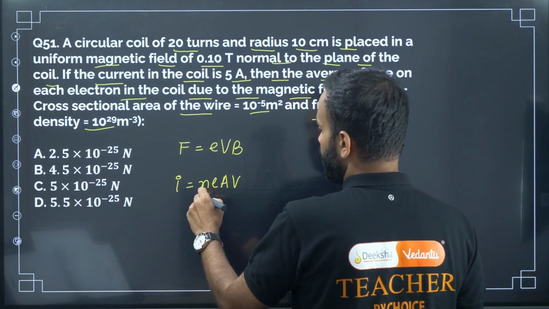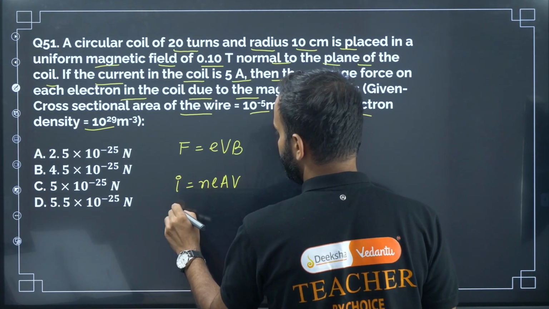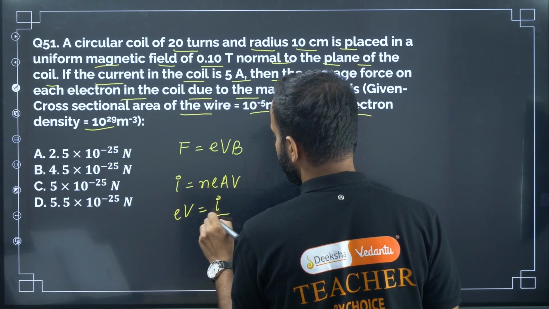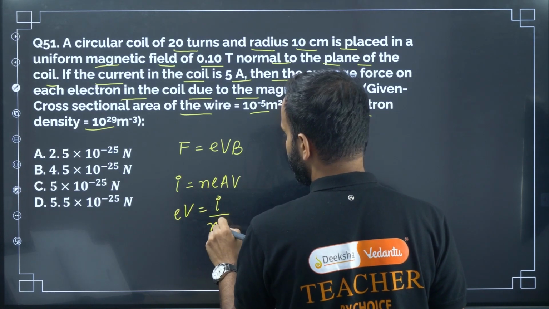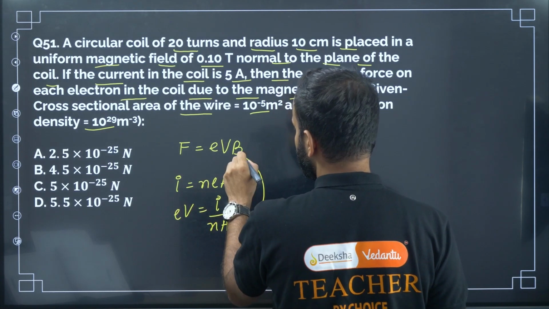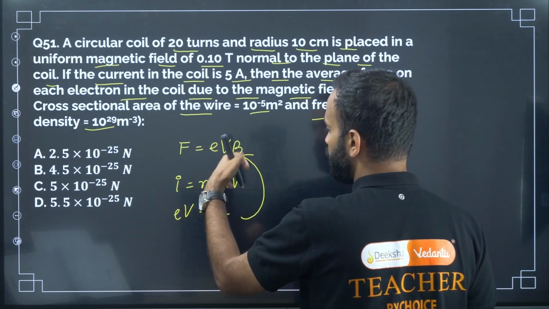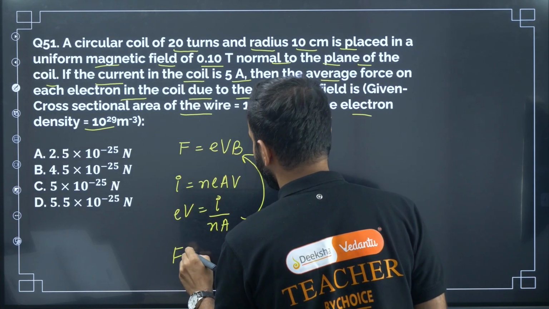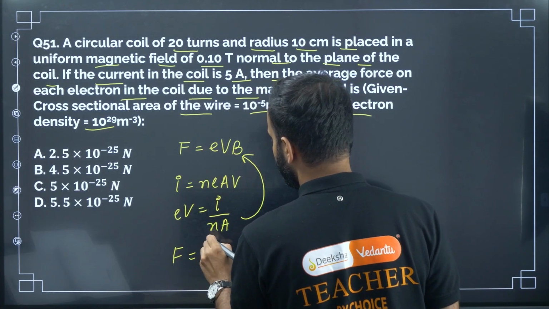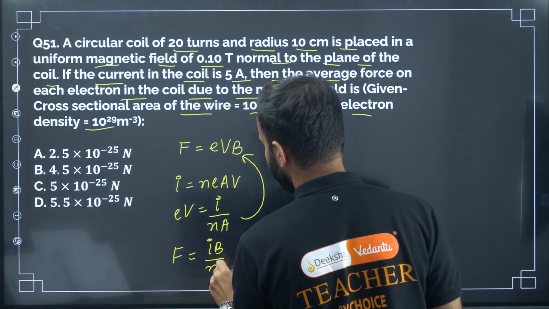So here EV is equal to I divided by N into A, right? So now substitute the expression of EV into the first equation. So now F is equal to IB divided by N into A.